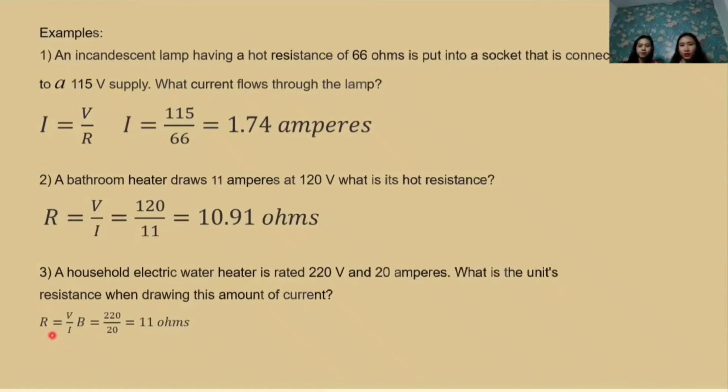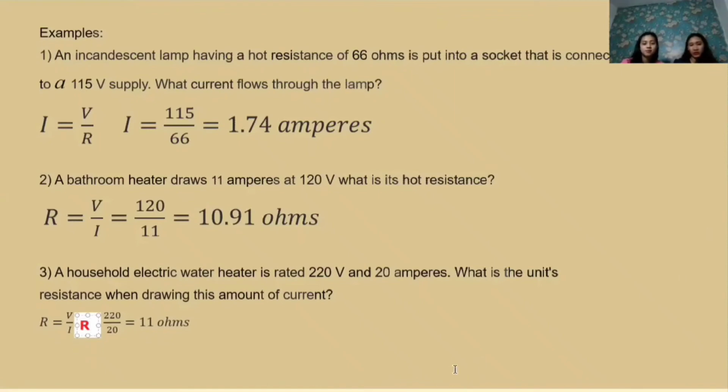Sorry, this is R, this is resistance, we made a mistake.